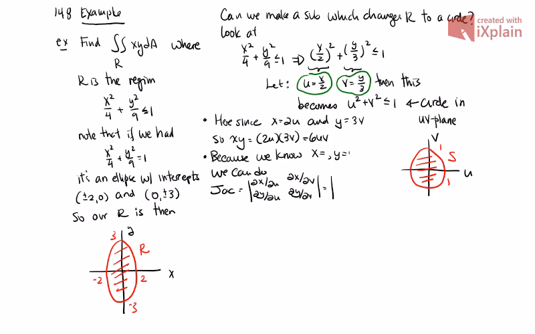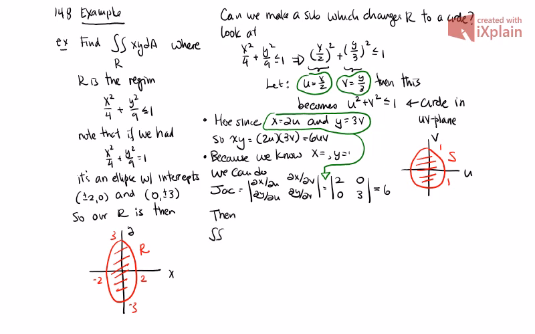Partial x partial u is 2. Partial x partial v is 0. Partial y partial u is 0. Partial y partial v is 3. Those calculations are coming from what was circled right here, to get that Jacobian. So this is just 6. Very nice and easy.